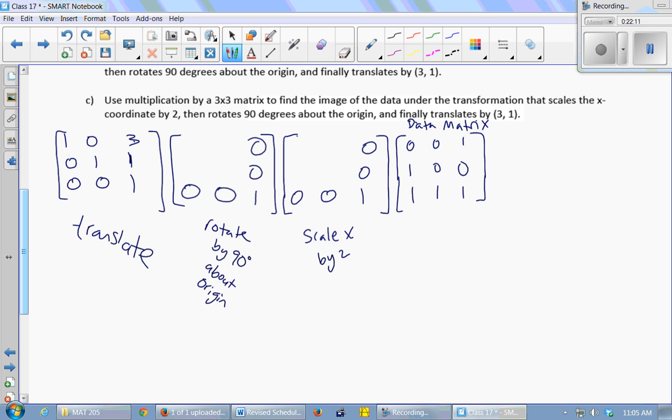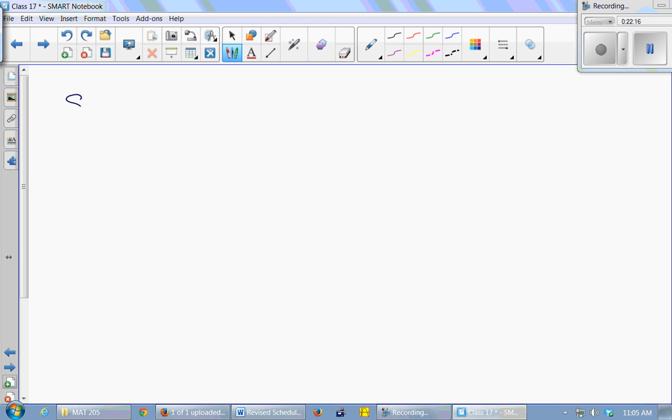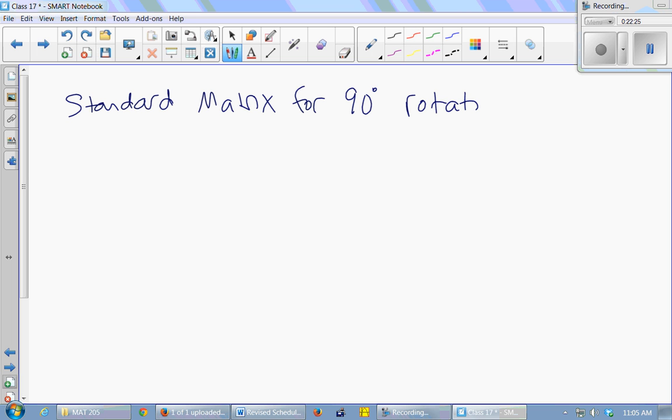So let's create that. We learned how to do that earlier. I'll remind you. So standard matrix for 90-degree rotation in R2. So a standard matrix is determined entirely by where the unit vectors go. Remember E1 and E2? So here's E1, 1, 0, and here's E2, 0, 1.